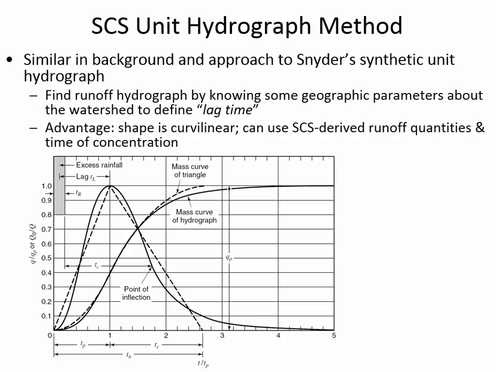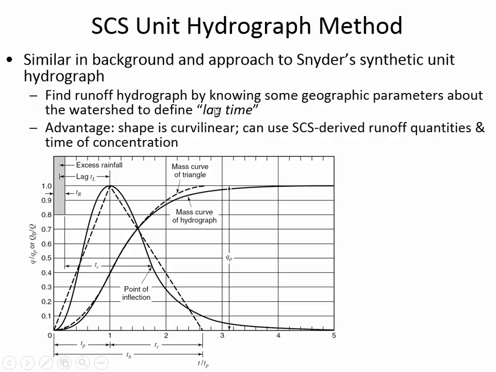But you can scale not only the vertical axis, which is the quantity of water, but you can also scale the horizontal axis. So what you have to do to use this hydrograph is you calculate what's known as a lag time based on the area of the watershed, the curve number of the watershed, just some parameters that you can calculate based on the physical characteristics of the watershed. You calculate the lag time.